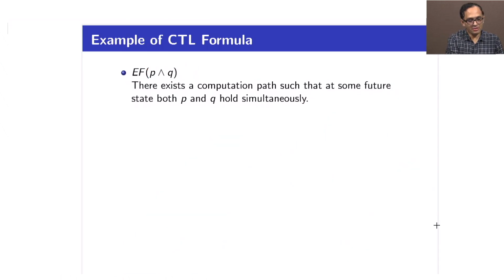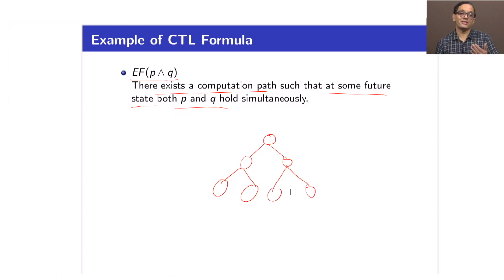Now I am taking EF(P and Q). What does it mean? There exists a path in which in future there will be some state where both P and Q hold, right. That is what I have written here. There exists a computation path such that for some future state both P and Q hold, which is much easier to show. You can have many scenarios, and I am just drawing one scenario to show this.